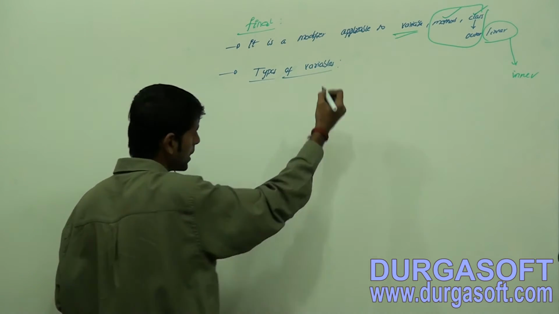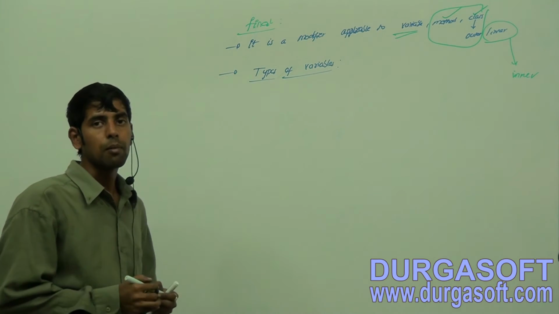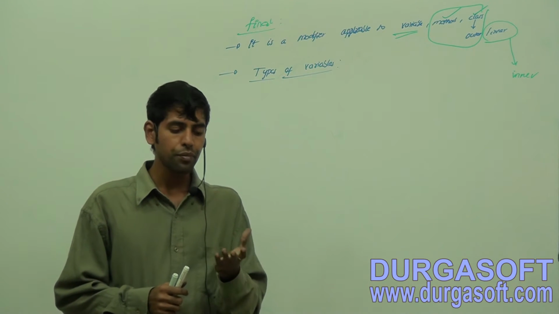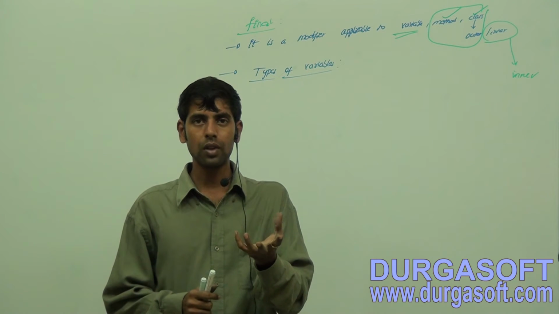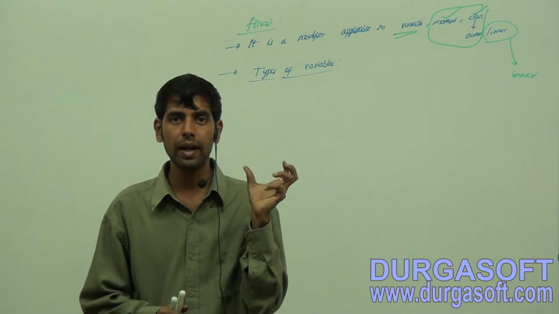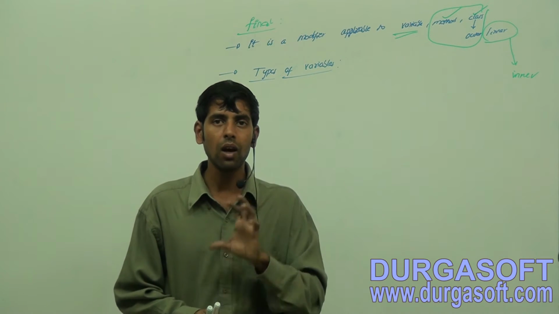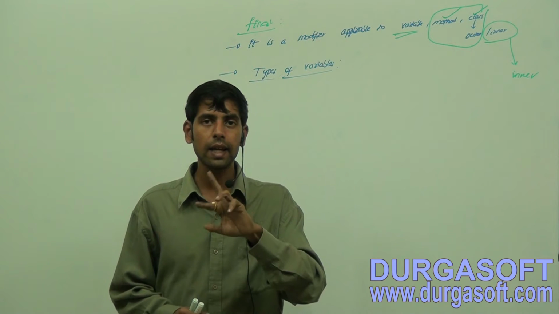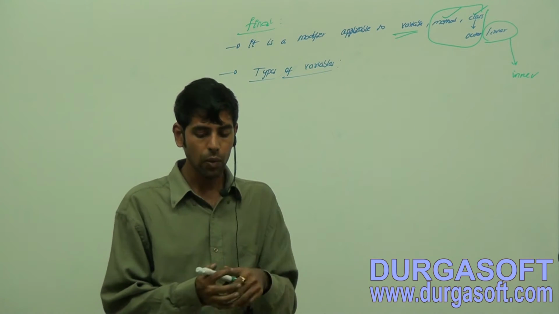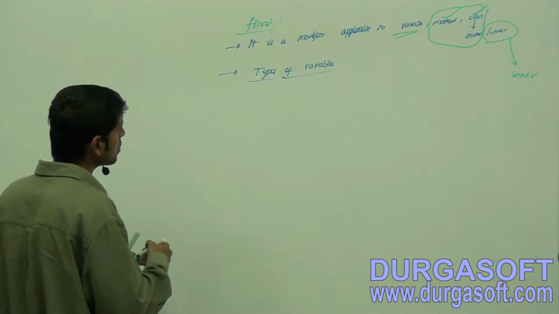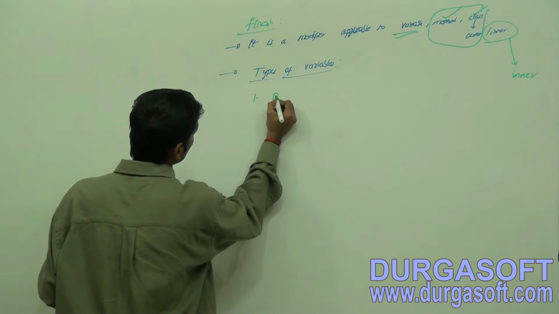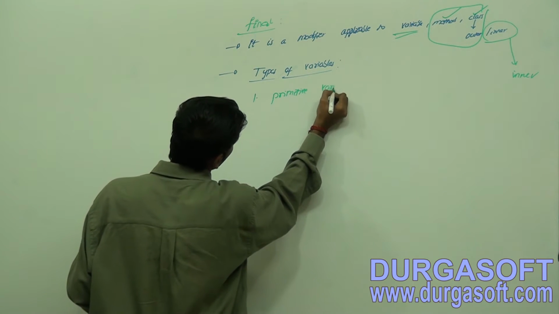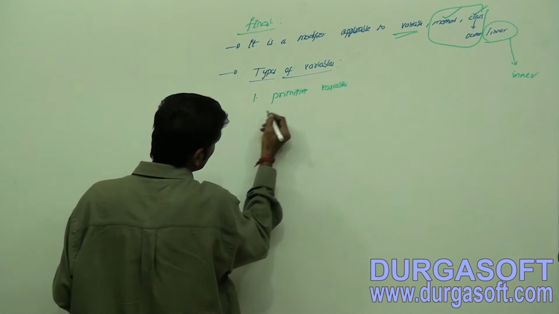How many types of variables do we have? Based upon the value the variable is going to represent, they are categorized into two types. What are those? One is primitive variables.